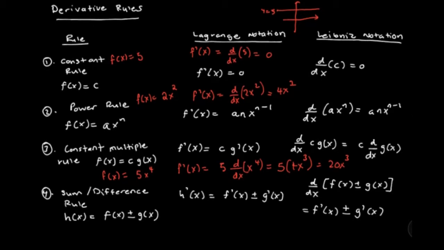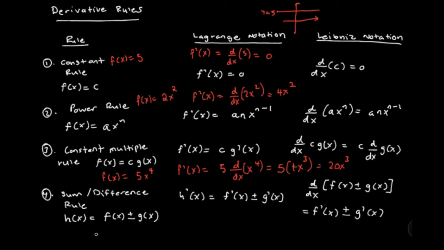The last rule here is the sum and difference rule, where if h of x is made up of two or more different terms, the derivative is the derivative of all the terms. In this case, let's do h of x is equal to negative 3x squared minus 4x.